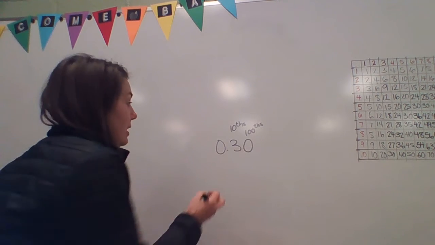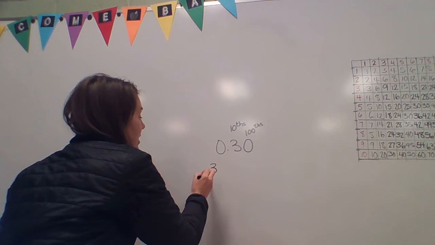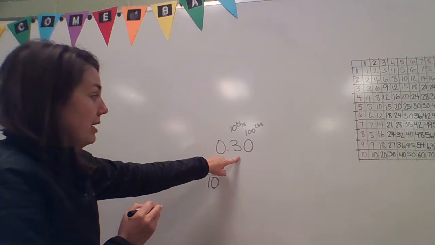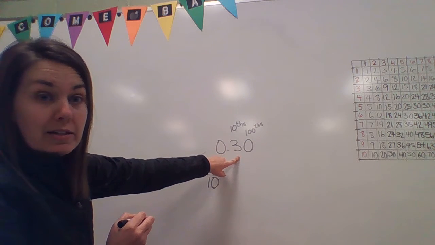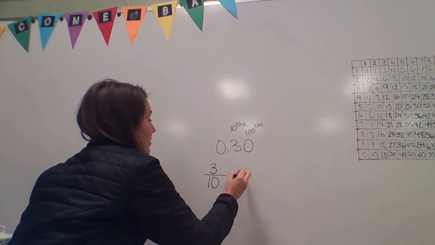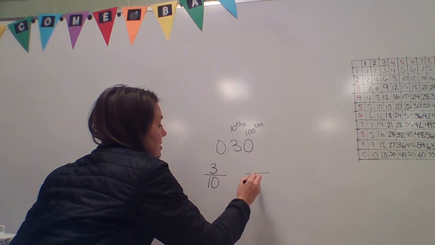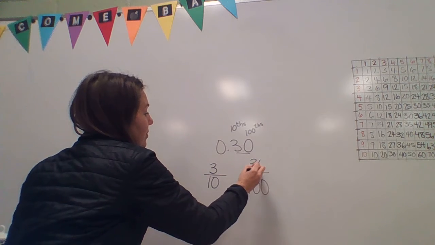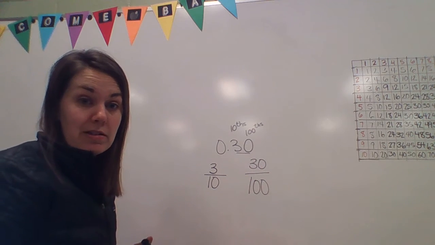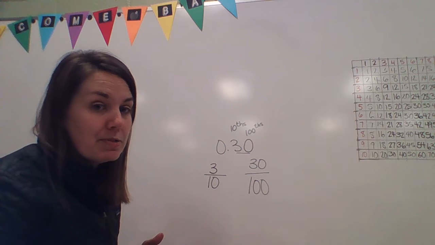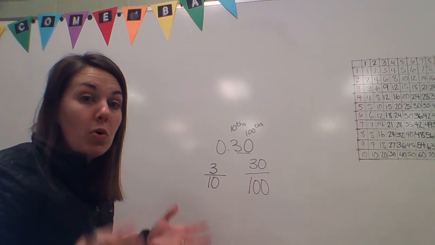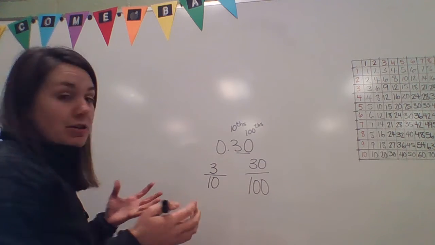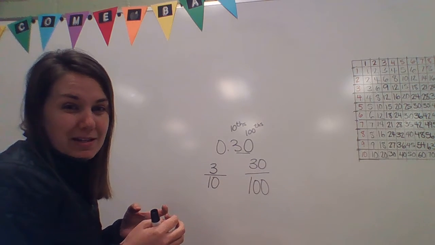And so now I have a 3 in the tenths place and a 0 in the hundredths place. So if I wanted to write it as a fraction for tenths, I would say that I have 3 tenths, right? Because I have a 3 in the tenths place. But if I want to talk about hundredths, then I would look at both and I would say that I have 30 hundredths. Now the way that we know that is because when we are multiplying, we're getting larger, and when we're dividing, we're getting smaller pieces.